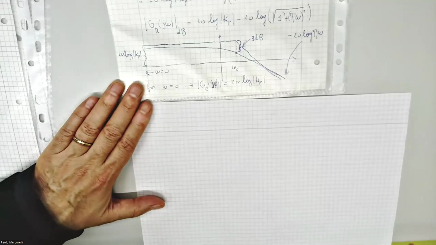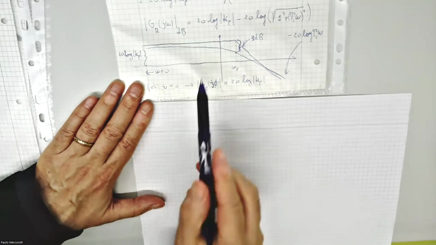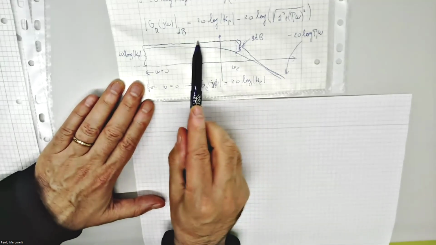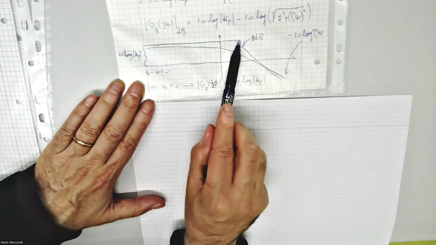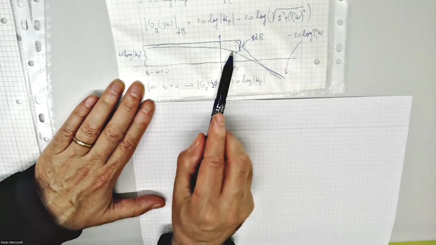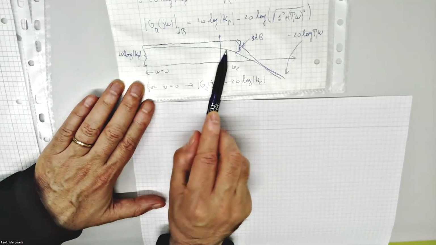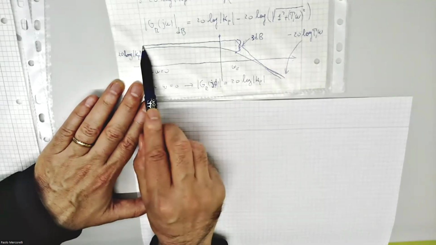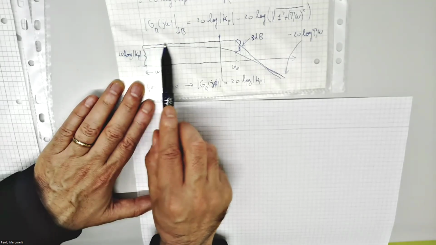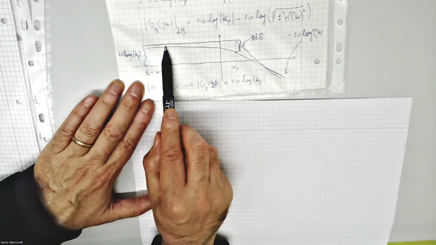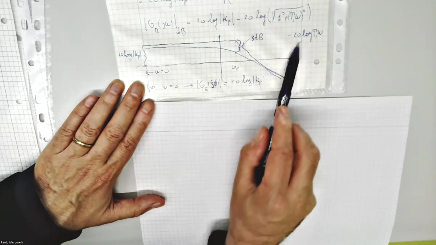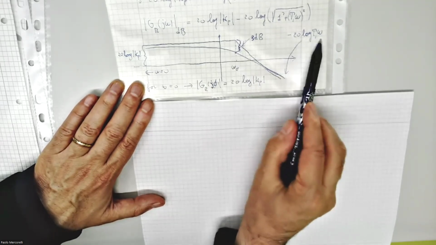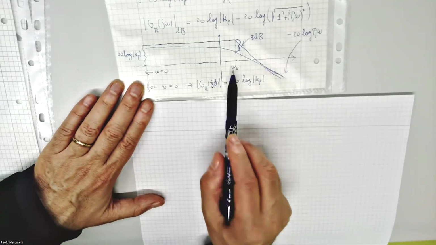This form is not so difficult to understand because we can see an asymptotical part here and another asymptotical part here. It seems that the real diagram is asymptotical to this line here for omega towards 0 and asymptotical to this line here for omega towards infinity.